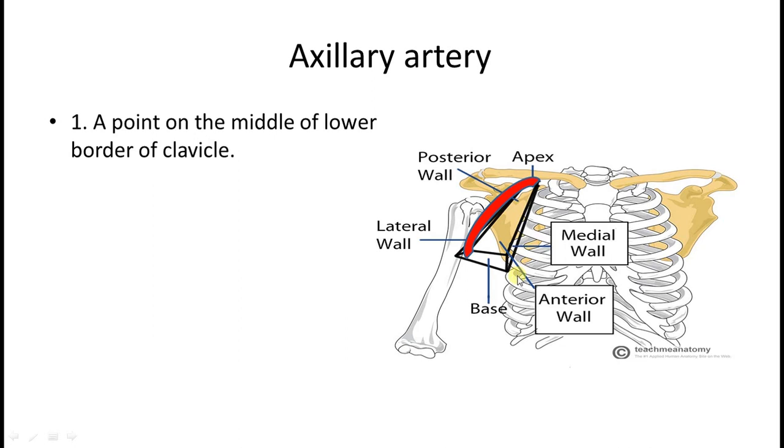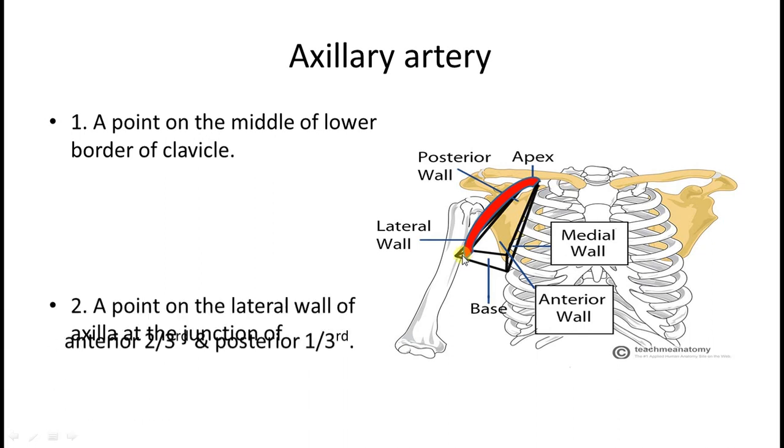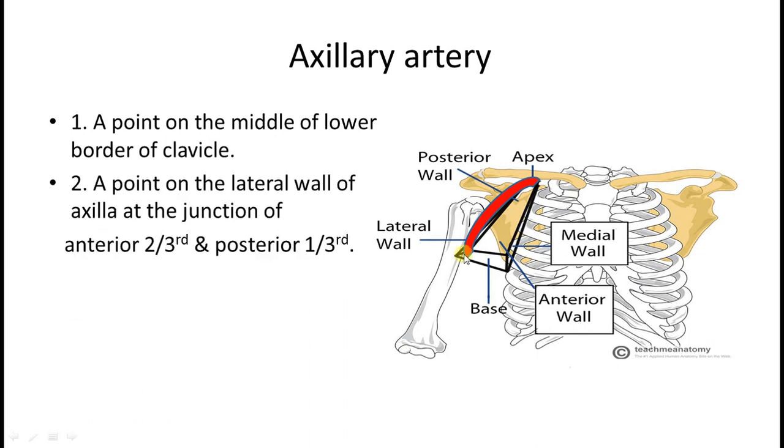You are able to see the axilla is projected for you with all the walls. So this will be the lateral wall, floor, medial wall and apex. Along the lateral wall of the axilla, at the junction of the anterior 2/3 and posterior 1/3, you keep a point.